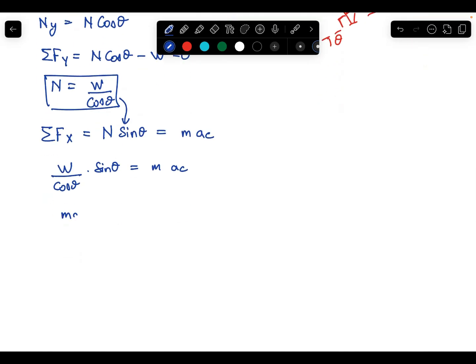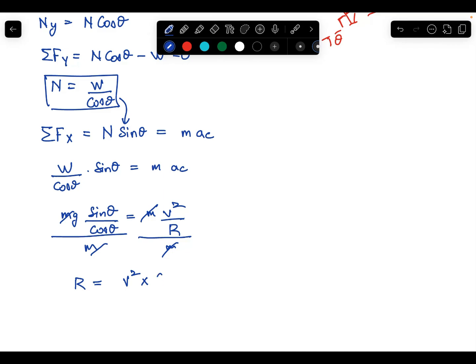W is mg, sine theta divided by cosine theta multiplied by m. AC is just v squared divided by r, dividing both sides by m. M gets cancelled, and now r is equal to v squared multiplied by cosine theta divided by sine theta divided by g.